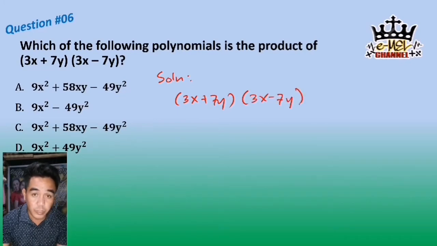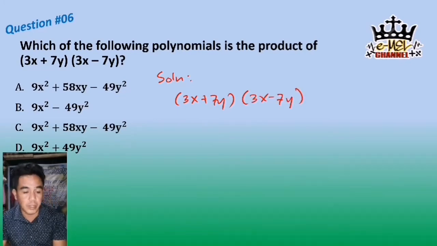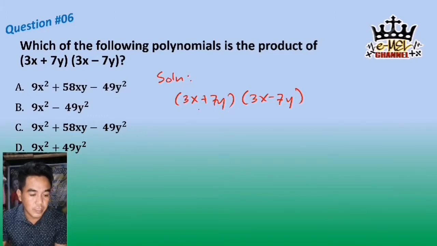Now, as we look back at this problem, it seems that it is the product of the difference of two terms or binomial. Since 3x is the same and 7y is the same, what makes them different? What makes them different is their operation.